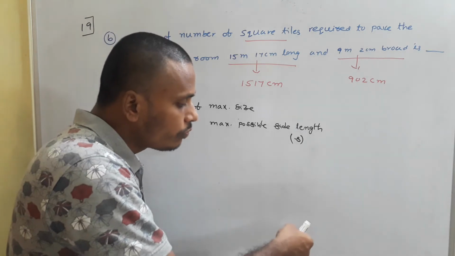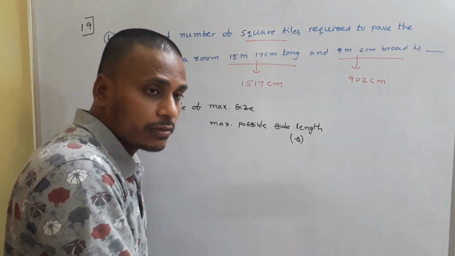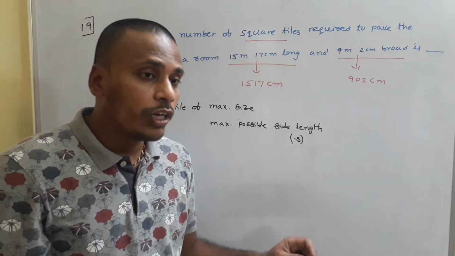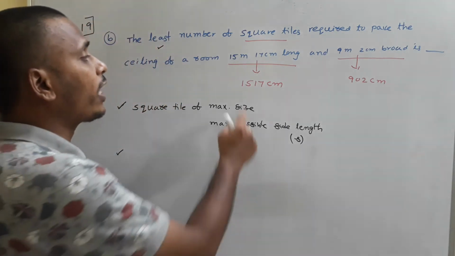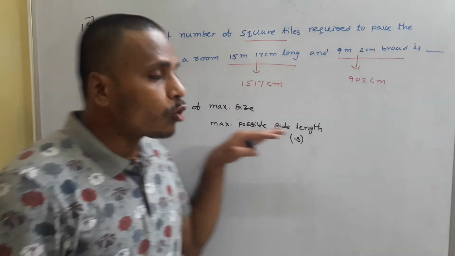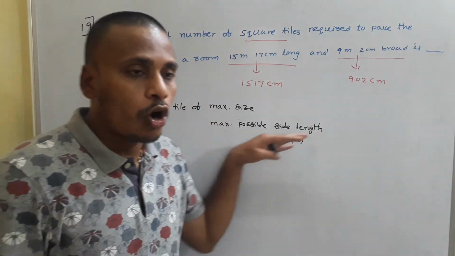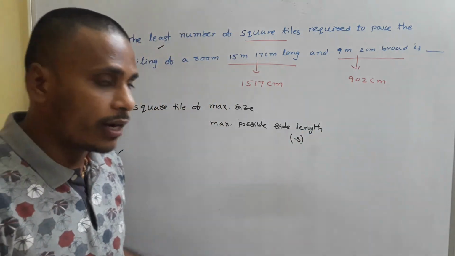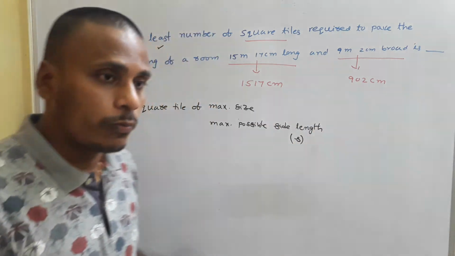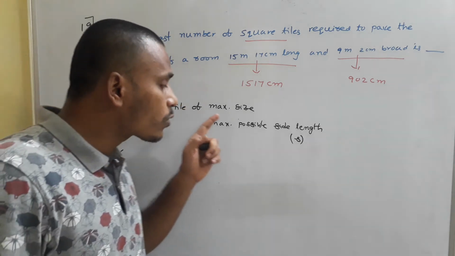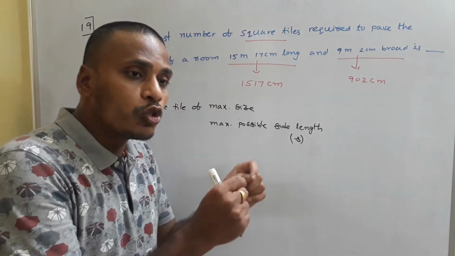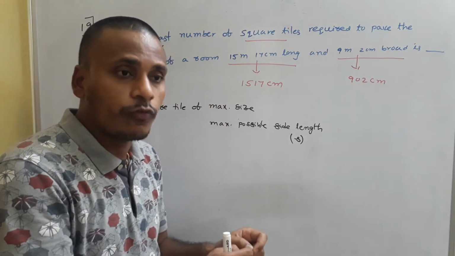There is no possibility of leaving some space, and the question does not mention breaking the tiles. You need to use an exact factor of this number as the side of the square tile. Again, you need to cover the breadth of the room exactly, so the side of the square tile must be a factor of 902 also. Since it is a square tile, not a rectangle, we use the same length and breadth.